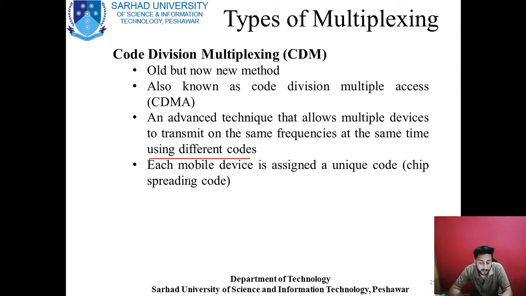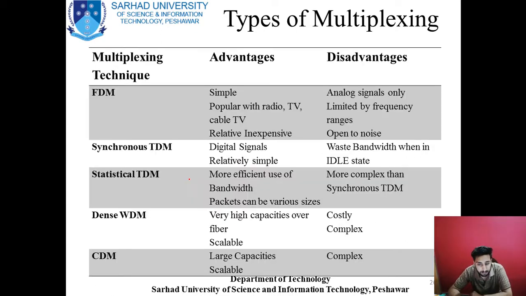Each transmitting device will be using the same frequency and same time, but on that message a different code will be applied, and this code will be decoded only by the desired receiver at the receiving end. So this is CDM.